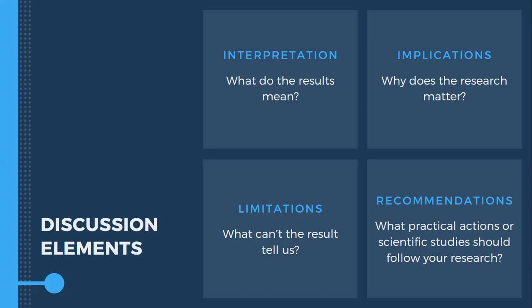The other two, limitations and recommendations, are kind of optional, but I would still recommend that you try to incorporate them in your discussion as well, especially the limitations. It's optional, but I would highly recommend you guys to include limitations in your discussion.